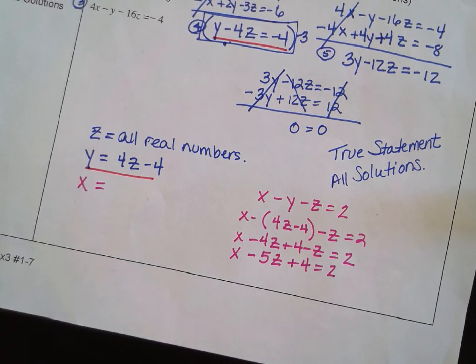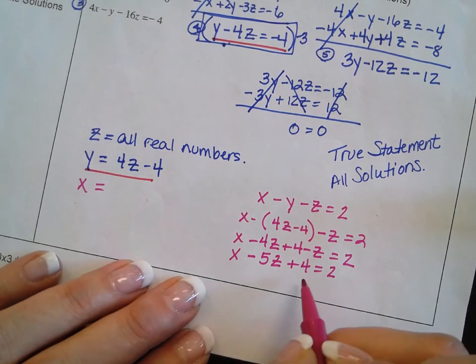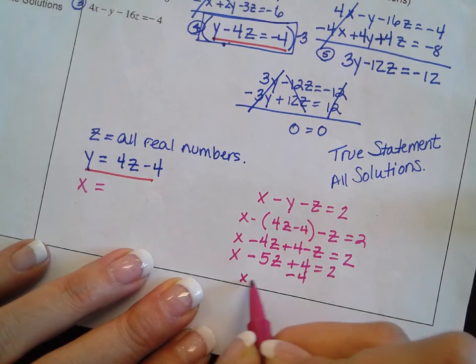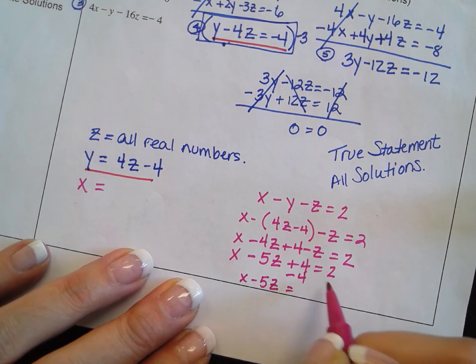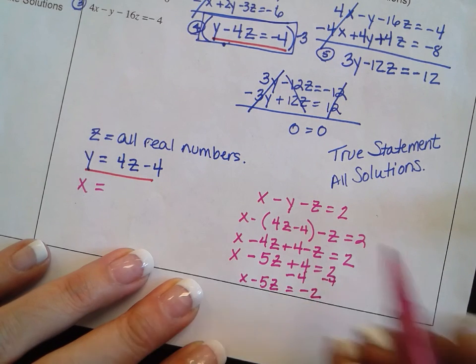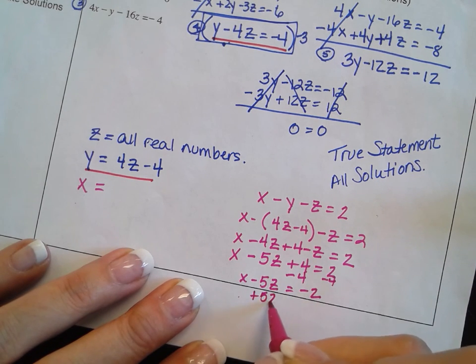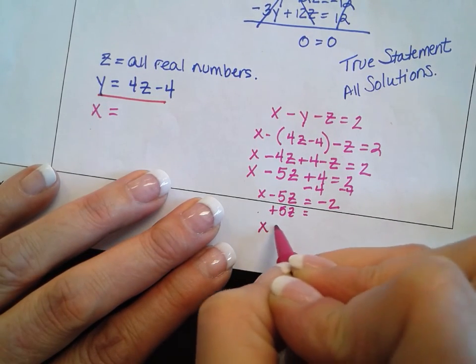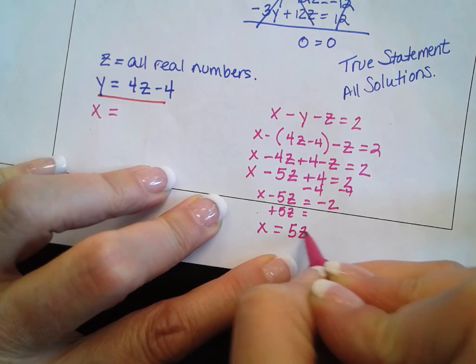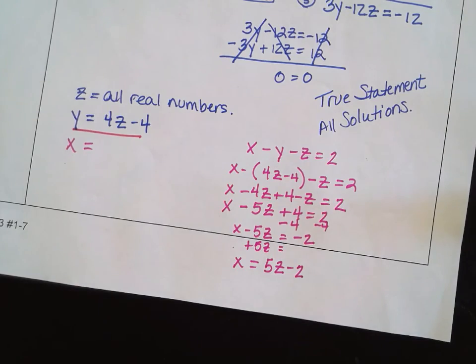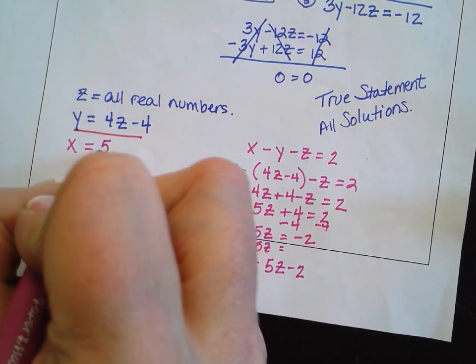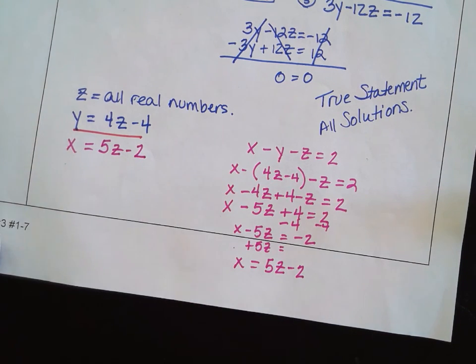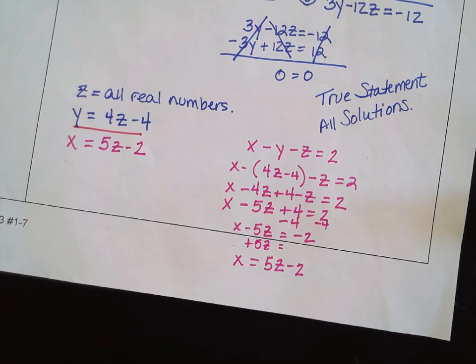And now I can solve for x. So I subtract 4 and then add my 5z. Oops, sorry. x is going to be 5z minus 2. Okay.